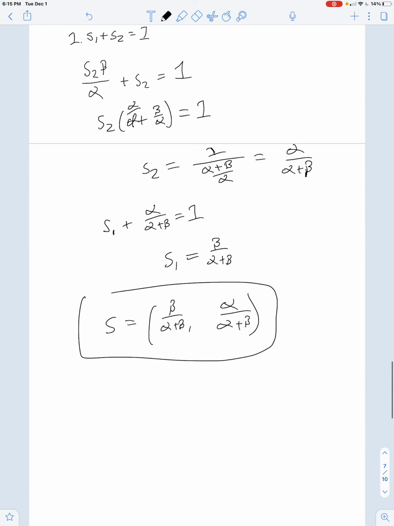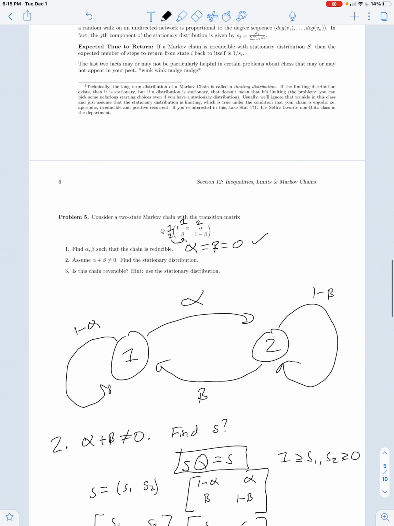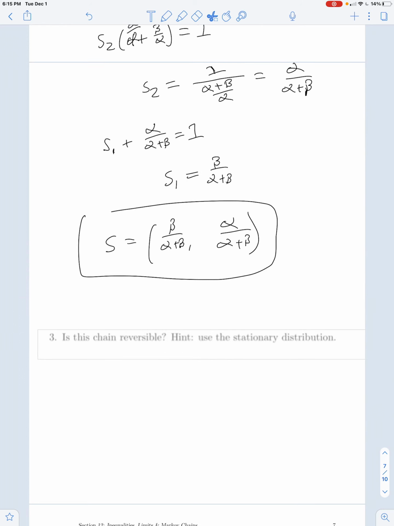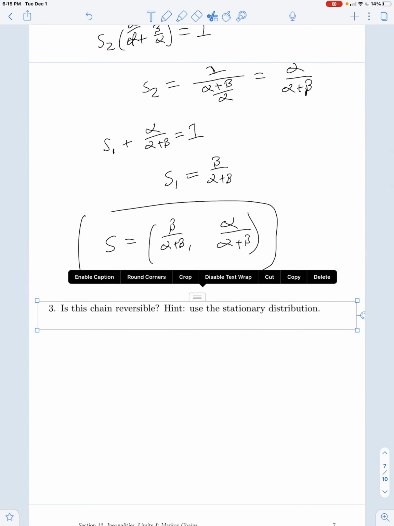Okay, cool. Now that third question is asking us, is this chain reversible? So I know if I can show reversibility with respect to some vector S, that implies that S is stationary.